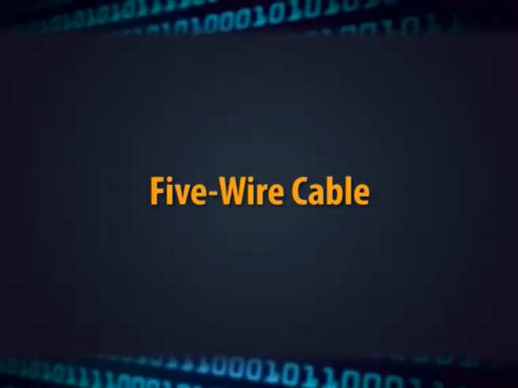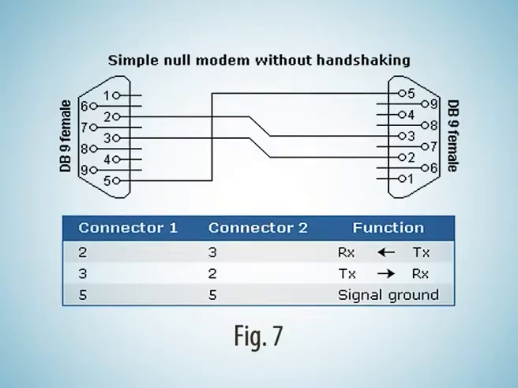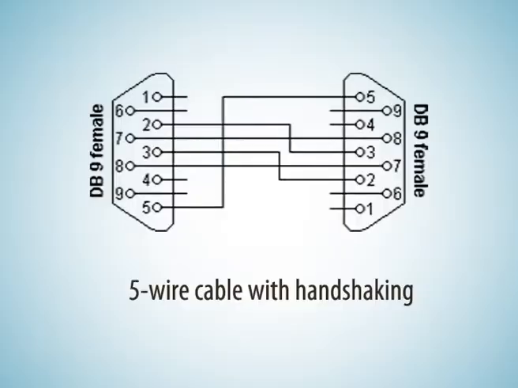2. 5-wire cable. This uses 3 wires or connections shown in figure. In addition, it uses 2 pairs of CTS RTS as follows. CTS output of computer pin 8 is connected to RTS input of device pin 7 and vice versa. Whenever computer is ready to receive, it makes its RTS signal true, which enables CTS input of device, and device sends data.